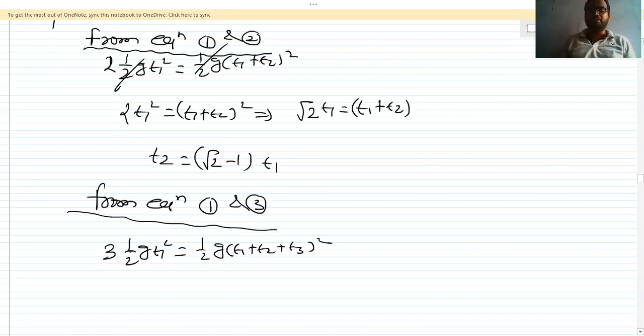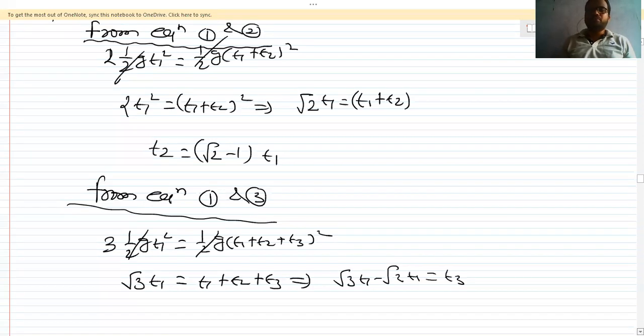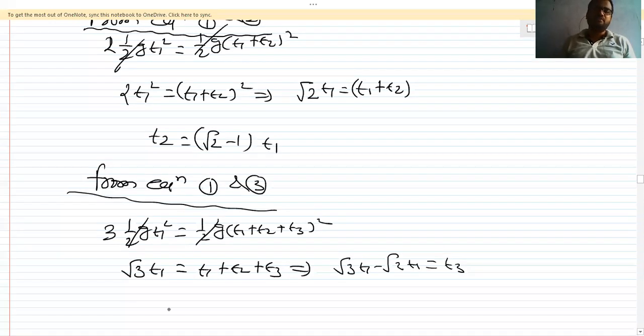This half g gets cancelled. If we take a root, it will become root 3 t1 is equal to t1 plus t2 plus t3. And what is t1 plus t2? Just now we saw root 2 t1. So root 3 t1 minus root 2 t1 is equal to t3. And if you calculate the value of t3, you will get (root 3 minus root 2) into t1.